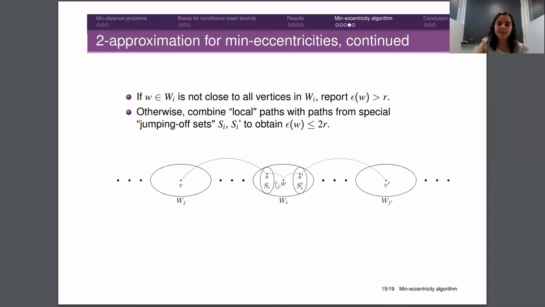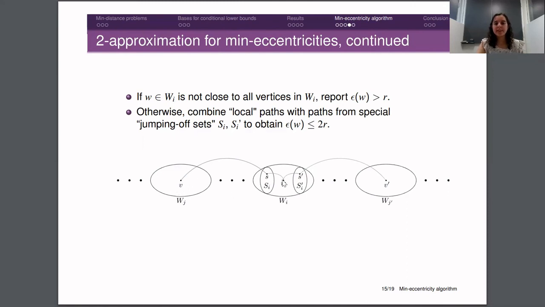If W is our vertex within WI that we want to figure out whether it has large or small min eccentricity, it's close to everything in these jumping off sets. So it's within min distance R of everyone in the jumping off sets. And the jumping off sets are constructed in such a way that for every vertex outside of this set, there's someone in the jumping off set that's close to it.